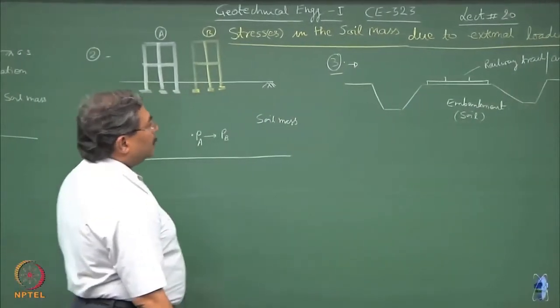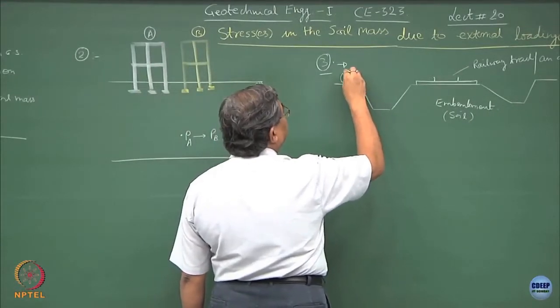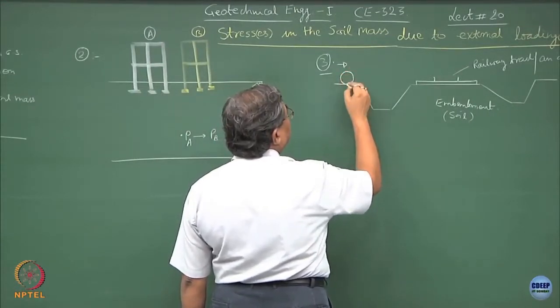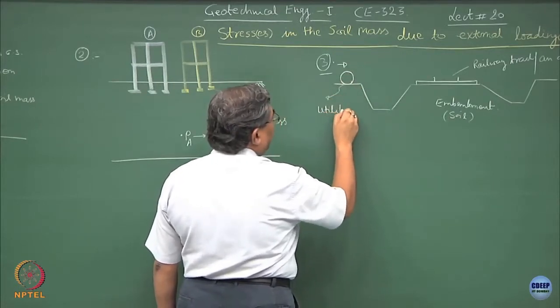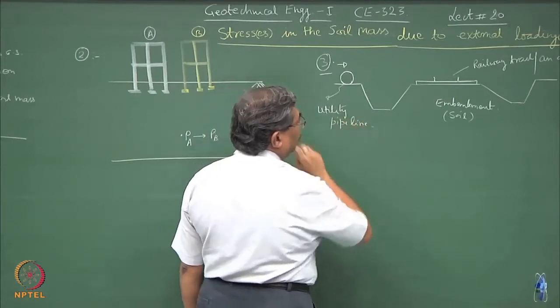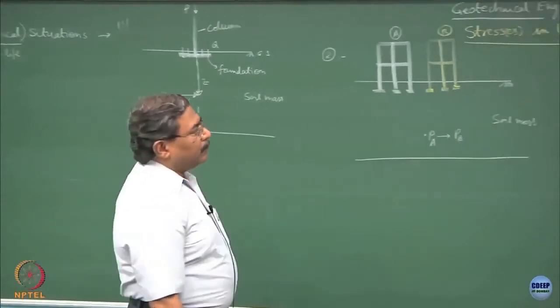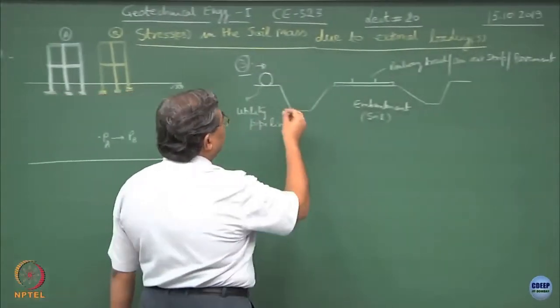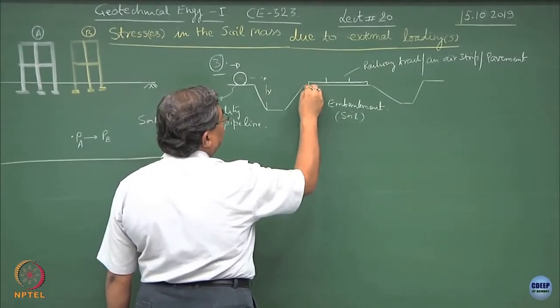And somewhere you must have noticed that we carry, let us say, some utilities. So, this is the utility pipeline, and do not go by the elevation. This could be x, this could be y.